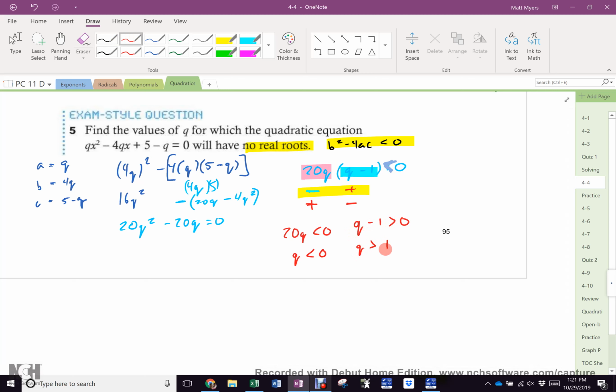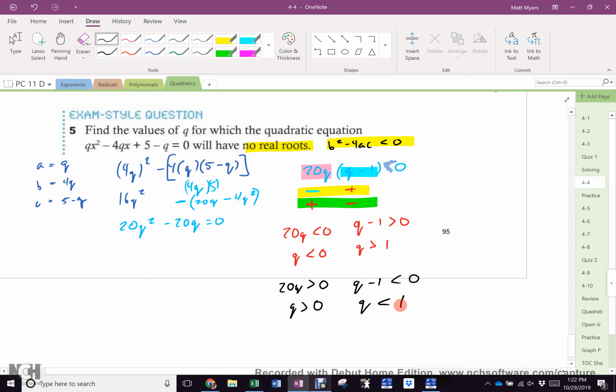Yeah? Okay. Now if I do the green one, where 20q is positive, 20q has to be greater than 0. That means q has to be greater than 0, doesn't it? Because q couldn't be 0, so q would have to be greater than 0. And then over here, q minus 1 would have to be less than 0, which means q would have to be less than 1.